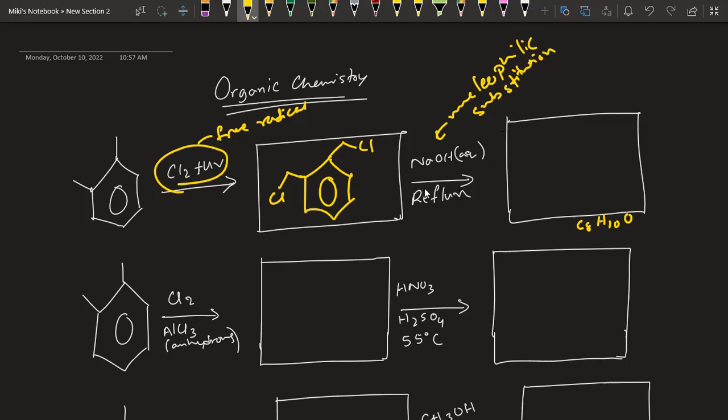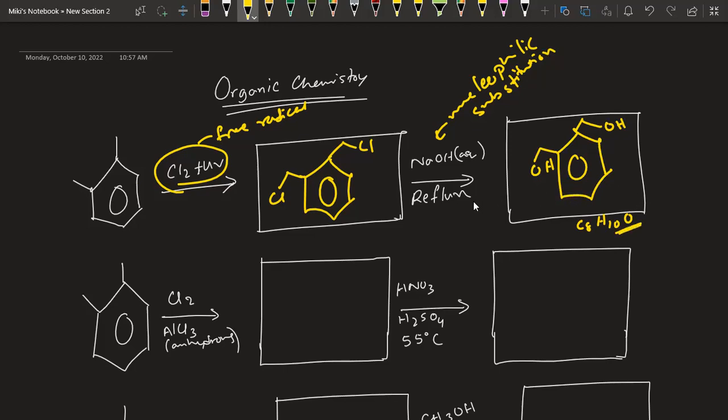So a nucleophilic substitution reaction is happening here. That means these halogens are going to be replaced by our sodium hydroxide. By substituting chlorine, we would get OH. But see, here we have only one oxygen.